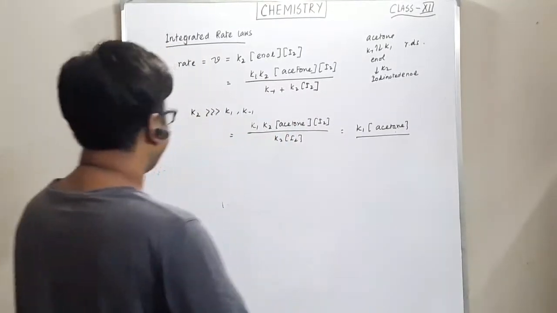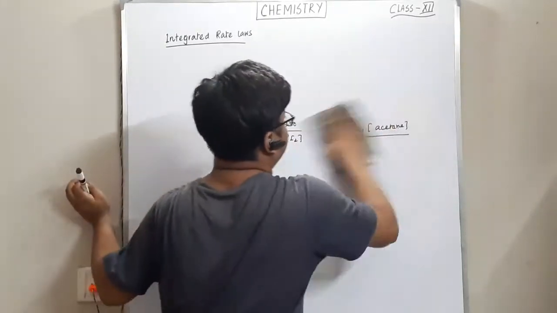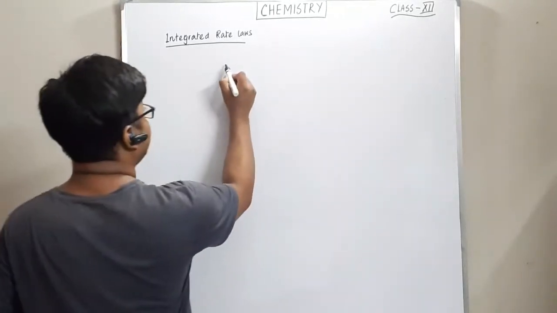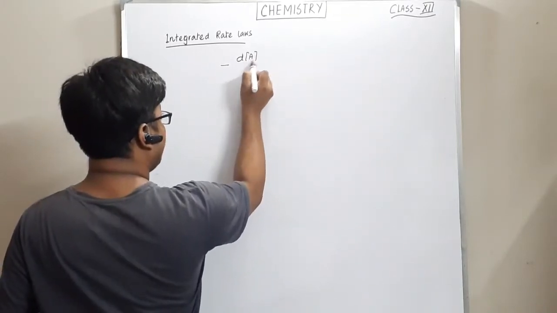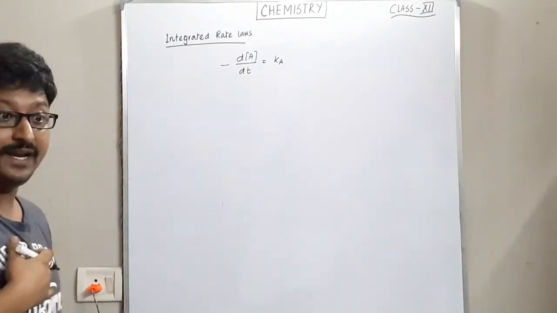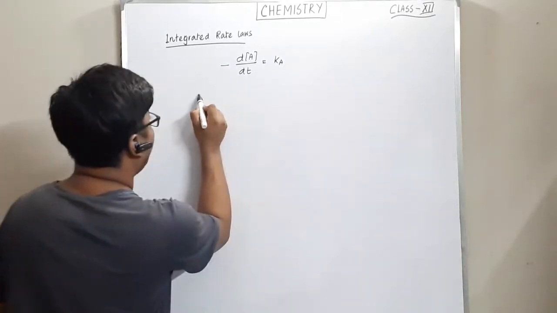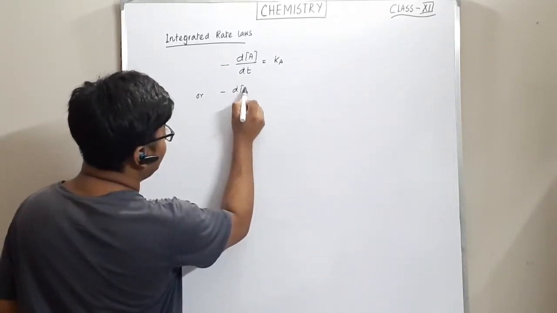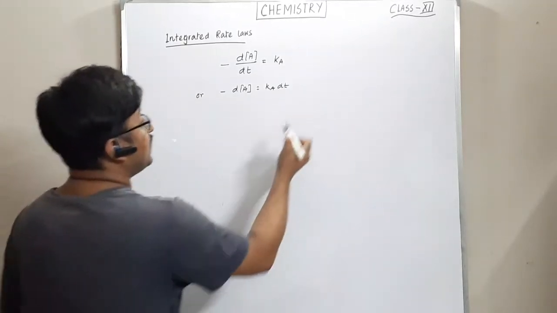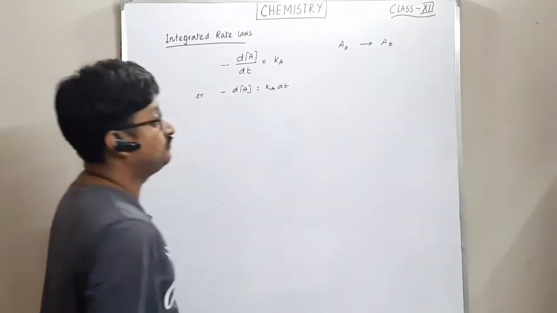Okay, now let's look into the integrated form of zeroth order kinetics. So where were we? Zeroth order kinetics. What we get generally is dA by dt equal to Ka, that's what we determined. Or minus d of concentration A is equal to Ka into dt. Let's assume that the concentration of A goes from A0 to At.